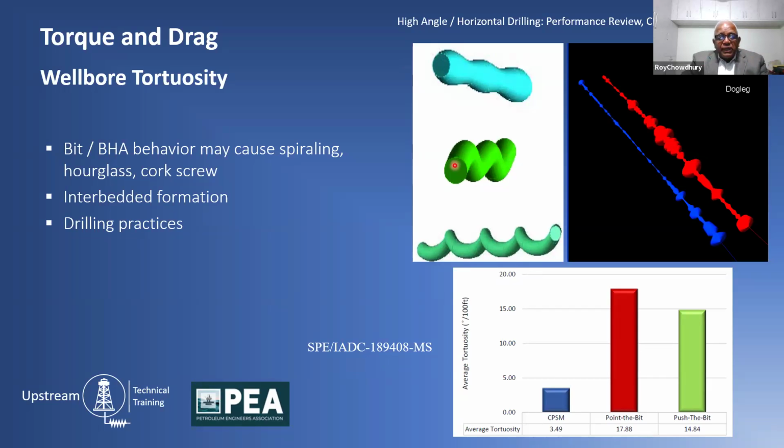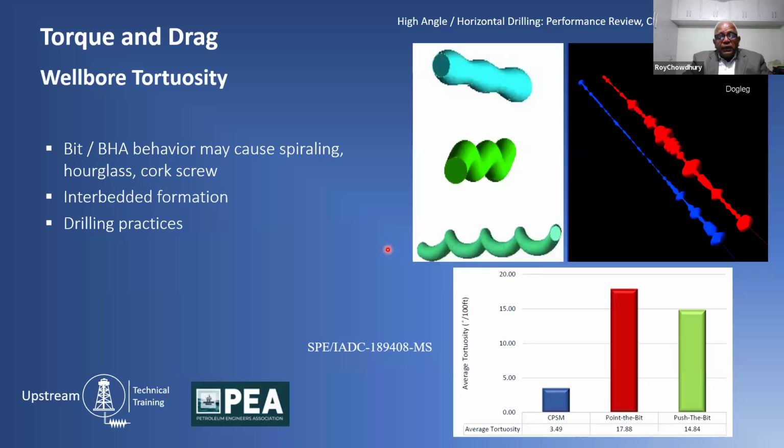Now imagine if this is what you have in the wellbore and you are trying to run your liner, your friction is too high, or you are running your drill string through these. There would be a major issue in transmitting the weight.